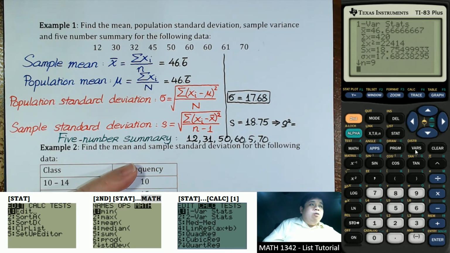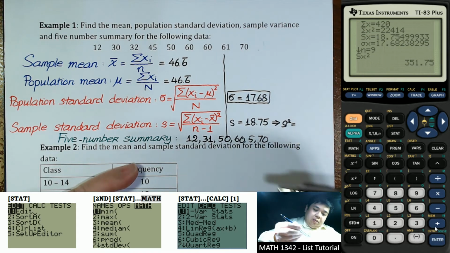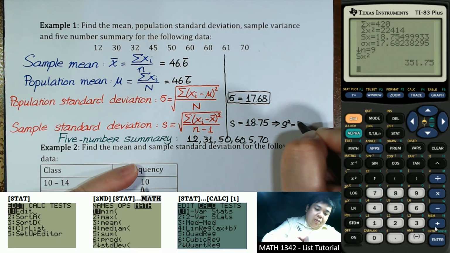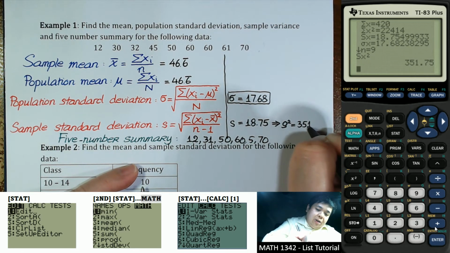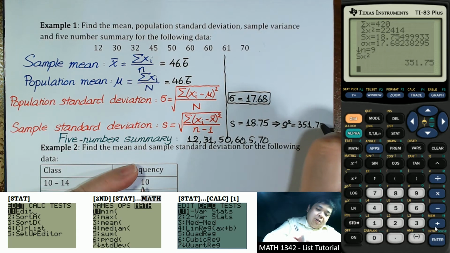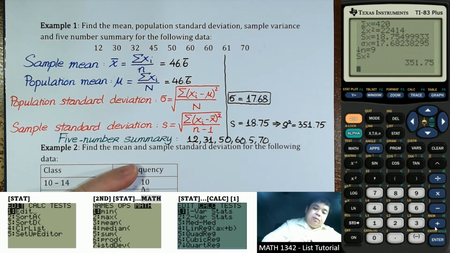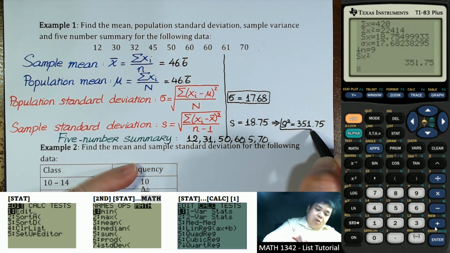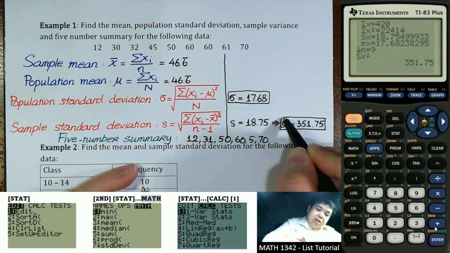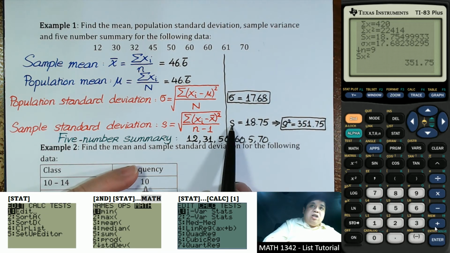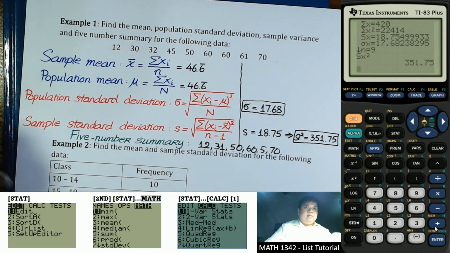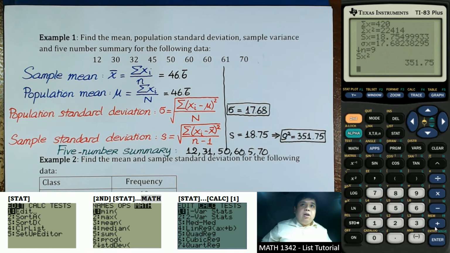So hit vars, go to statistics, look for the sample standard deviation, and we're just going to square that. That gives us 351.75. So this is the sample variance, the square of the sample standard deviation. Right, so that is simple enough.